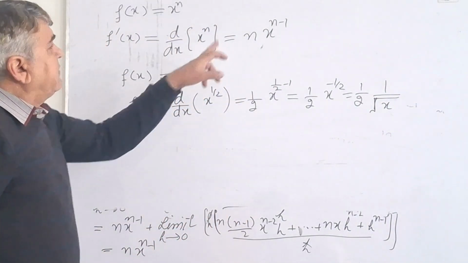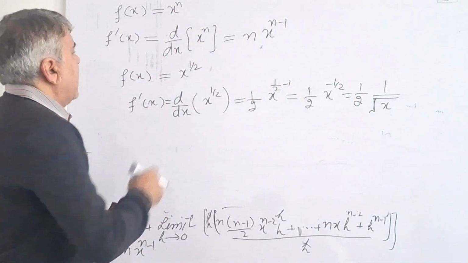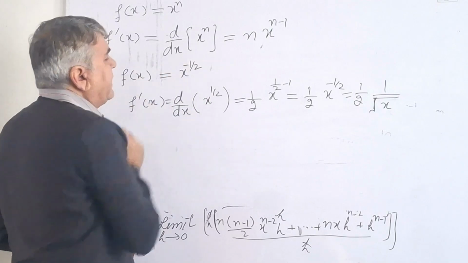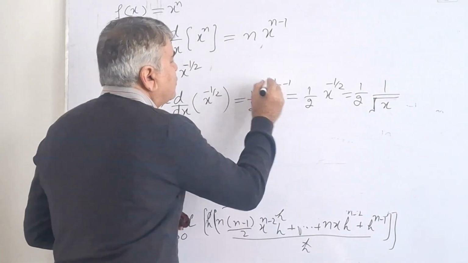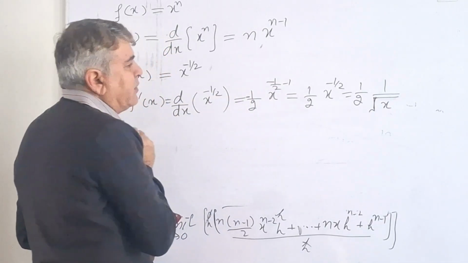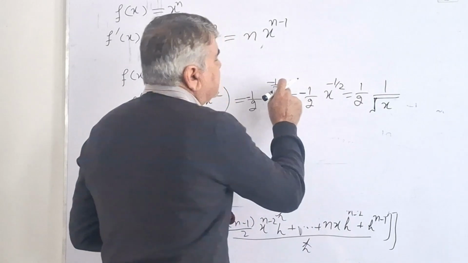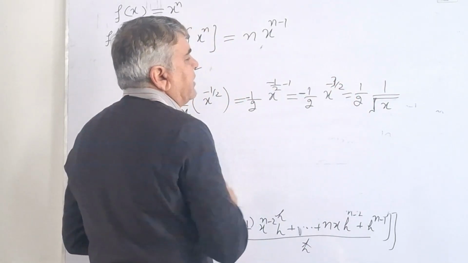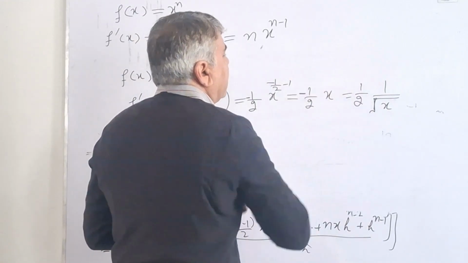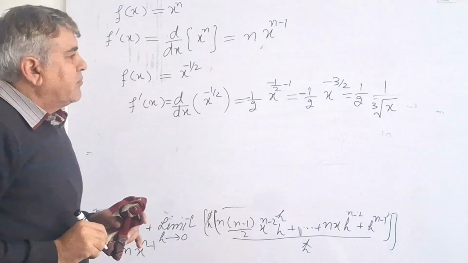Similarly, whatever the power of the function may be, if it is a negative power, like I have a minus over here, then I would have a minus multiplied over here. So minus half and minus 1 is in fact minus 3 divided by 2.